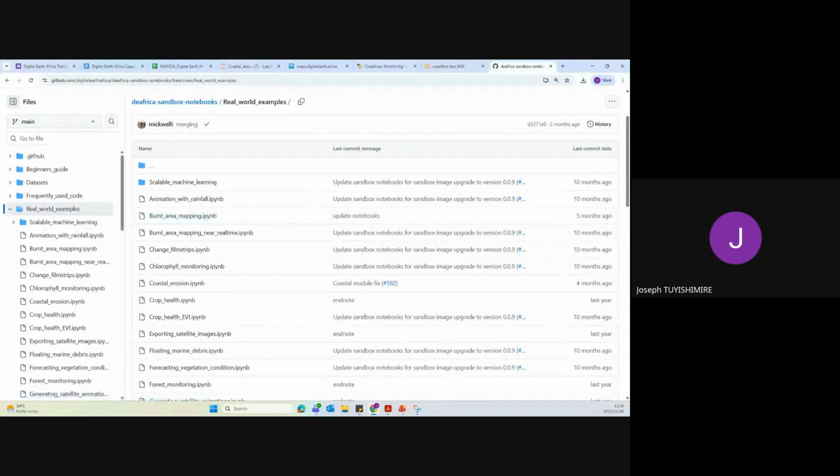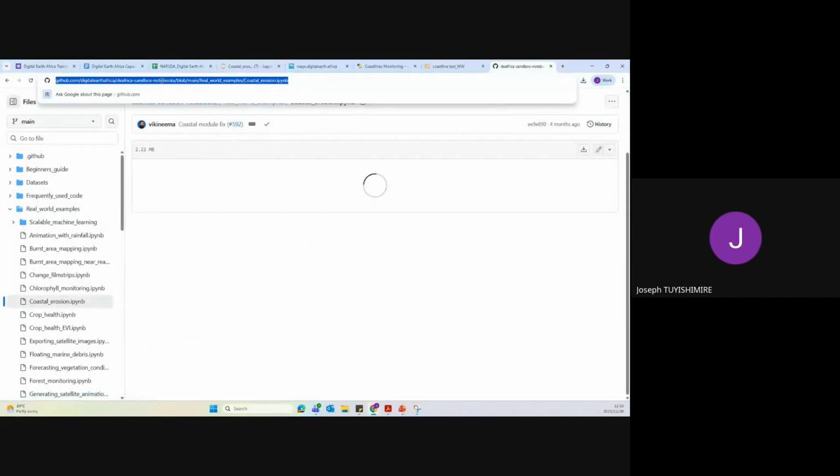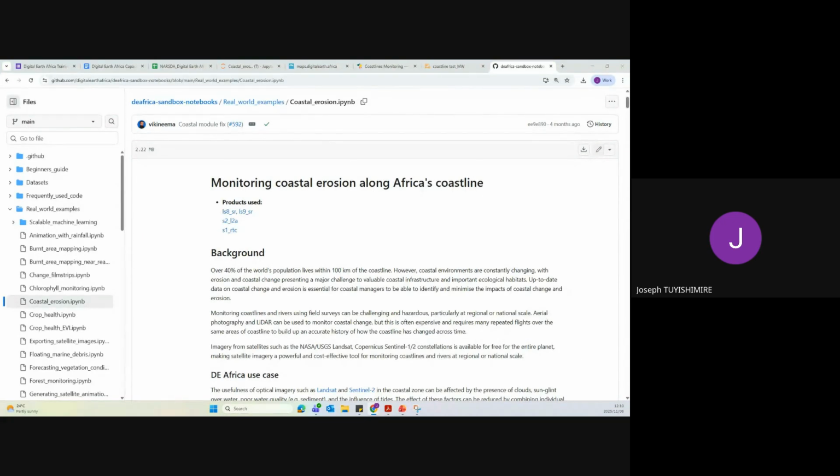So they are freely available to everyone. Like this coastal erosion code in the sandbox, I can share the link with you. They are permanently available and you can enjoy them. You can adapt them however you want.